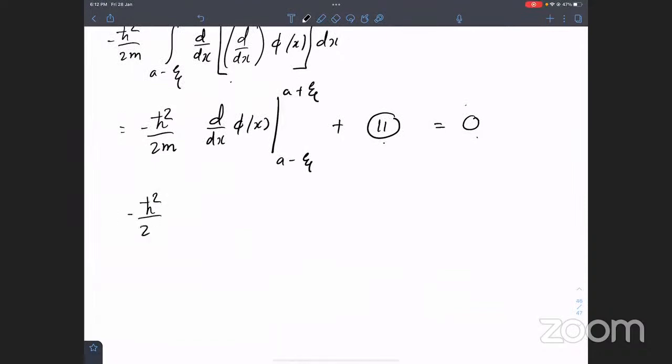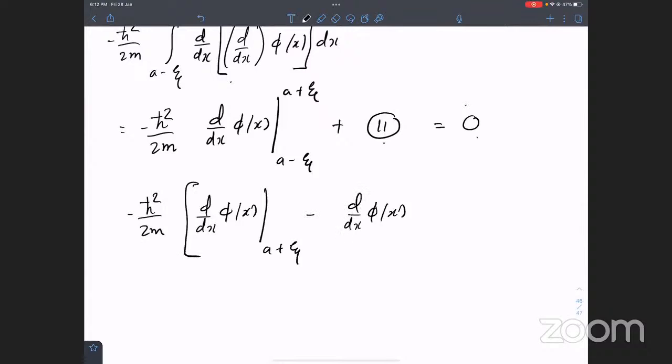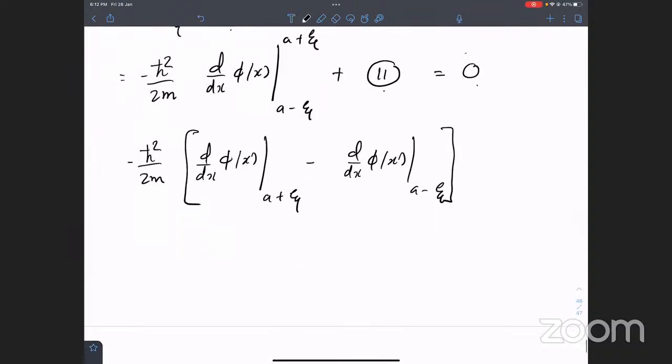So let us expand that. That is h squared by 2m into the derivative of phi of x at a plus zeta minus the first derivative of the wave function at a minus zeta, plus the second term must be 0. If my second term is 0, which means my u does not have a delta function at x equal to a, then automatically I know that the first term also must be 0.